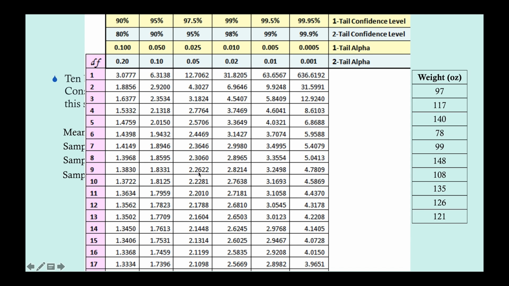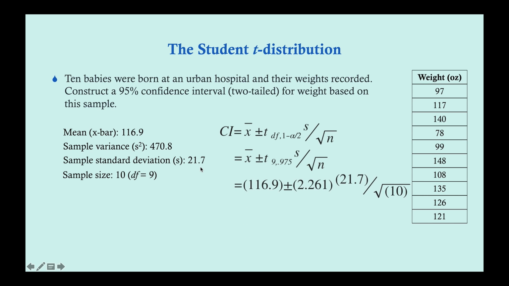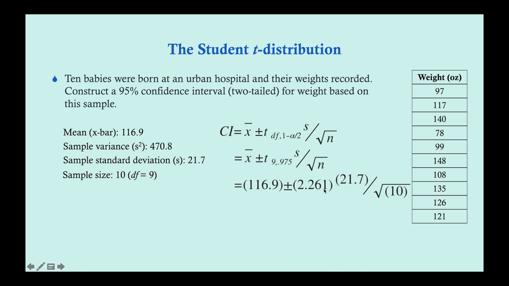So that would be this value here, 2.262. I don't know why I put 2.261 here. That's weird. Okay, it's not going to impact your result too much.